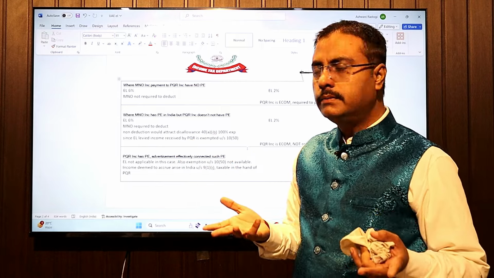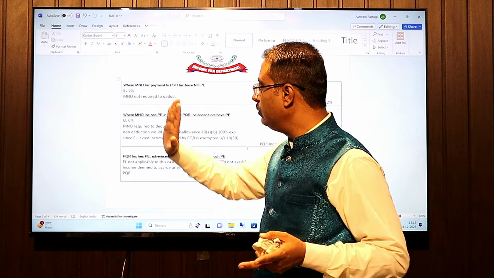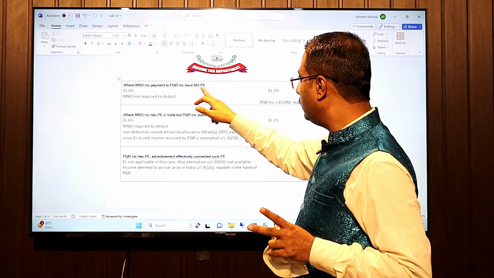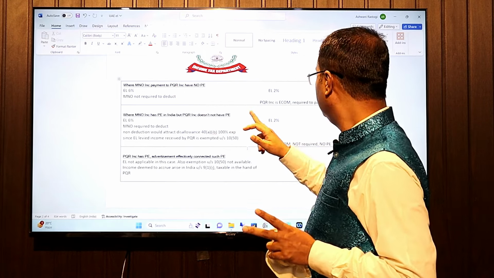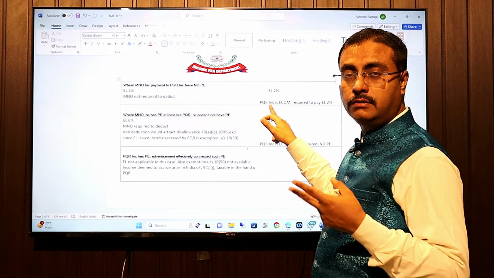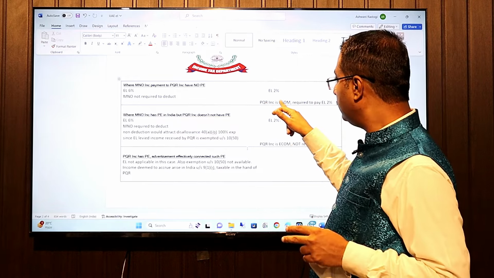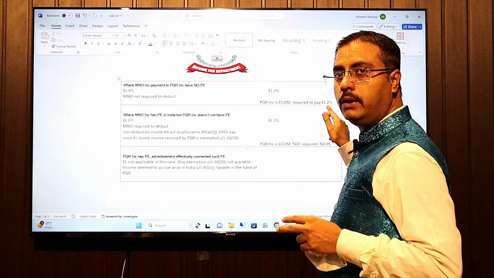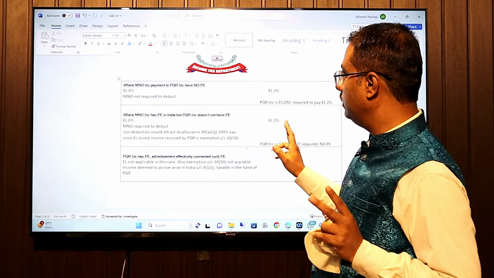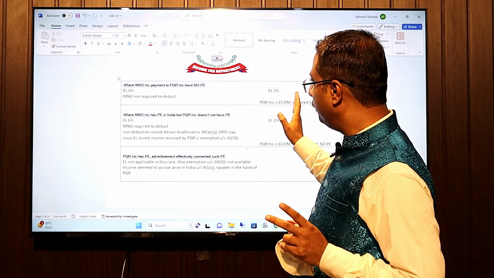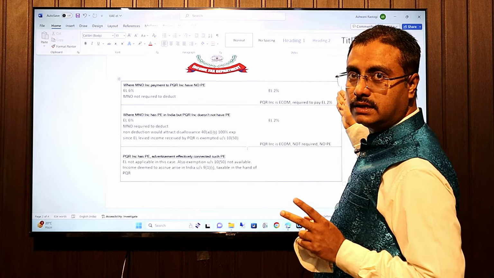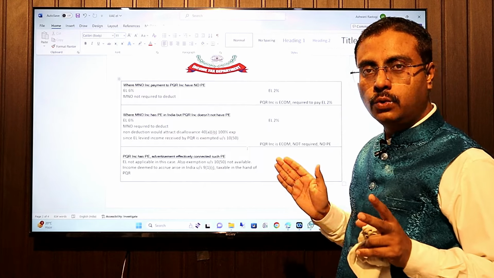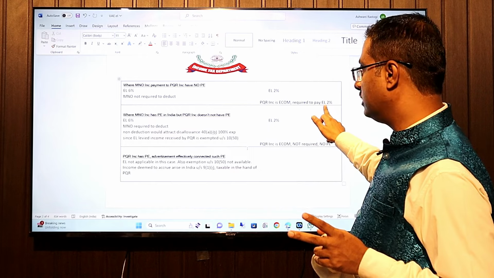So MNO does not require to withhold. PQR also does not have PE status, but the same case as Facebook, providing services as an e-commerce operator to Indian customers, is required to pay equalization levy of 2%, right? So here PQR has to pay because PQR has no PE status. Those provided services covered by EL 2.0 have to pay 2% equalization levy.